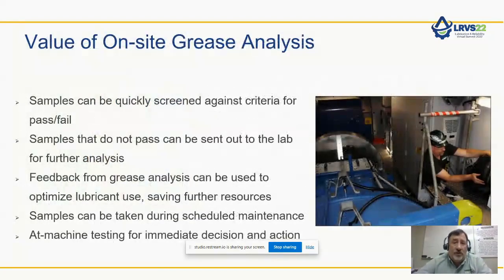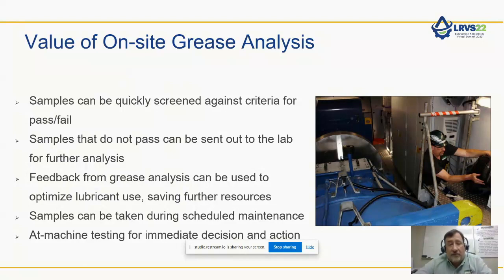The value of on-site grease analysis is that samples can be quickly screened against some criteria for a pass-fail designation. Are things going okay here, or do we need to dig deeper and find out just exactly what's going on? Samples that don't pass can be sent out to a laboratory for further analysis.